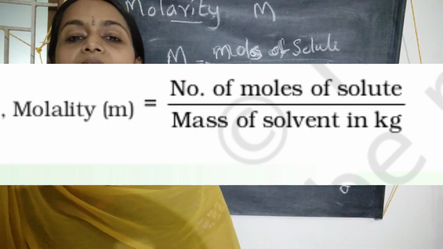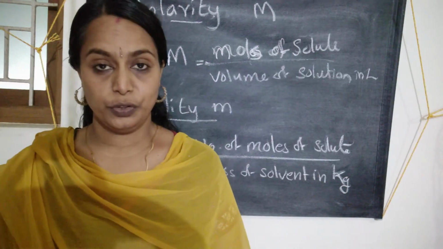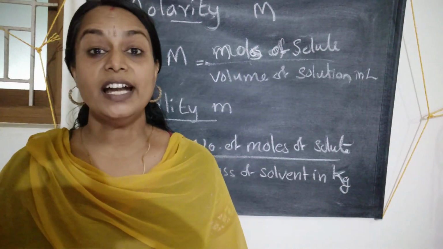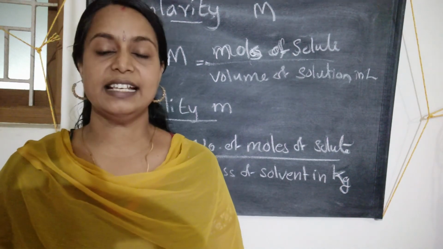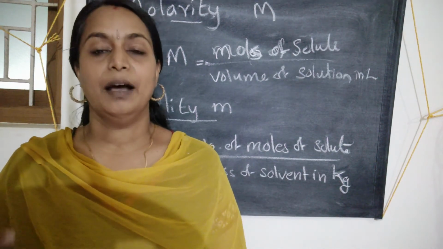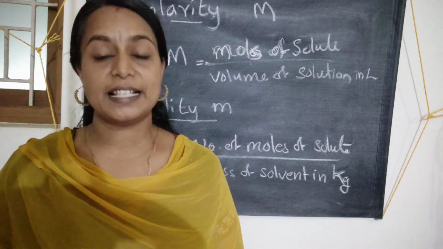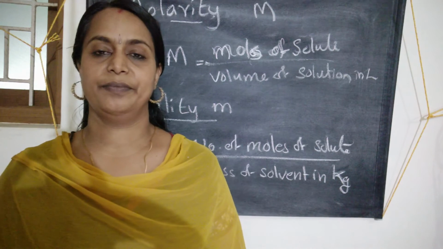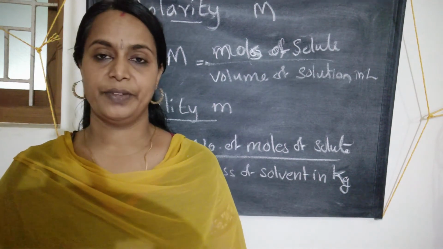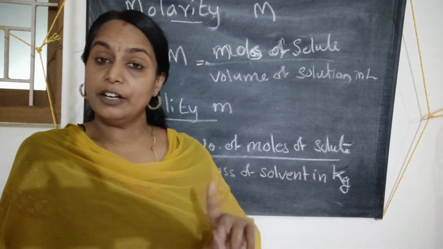And the difference: molarity is the number of moles of solute present in 1 liter of solution, and molality is the number of moles of solute present in 1 kilogram of solvent. Okay, the difference is there.